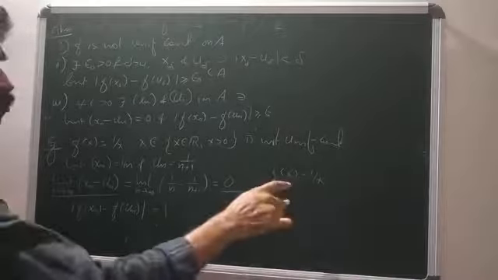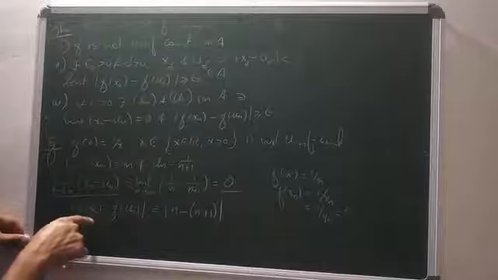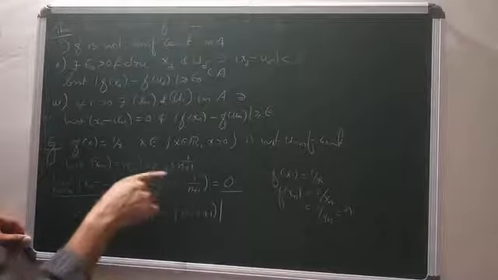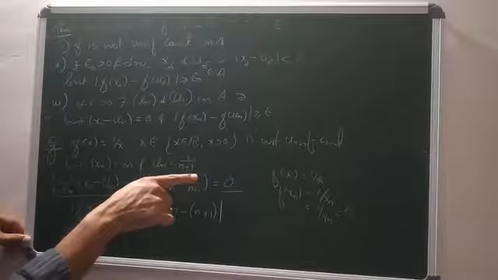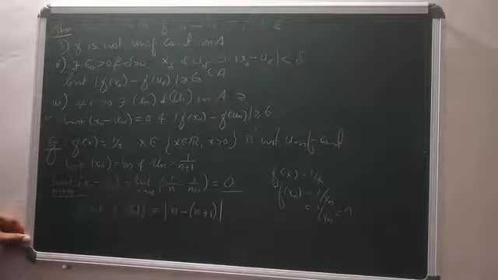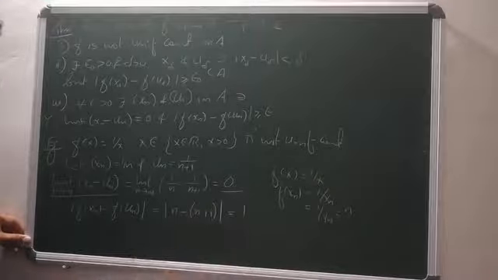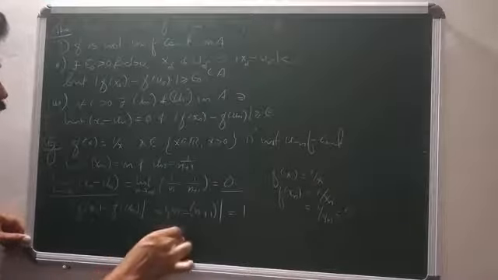So f of xn is 1 by xn, which is n. f of un is 1 by un, that is 1 by 1 by n plus 1, which is n plus 1. So it is modulus of n minus n plus 1, equals modulus of minus 1, equals 1, which is greater than some epsilon naught.